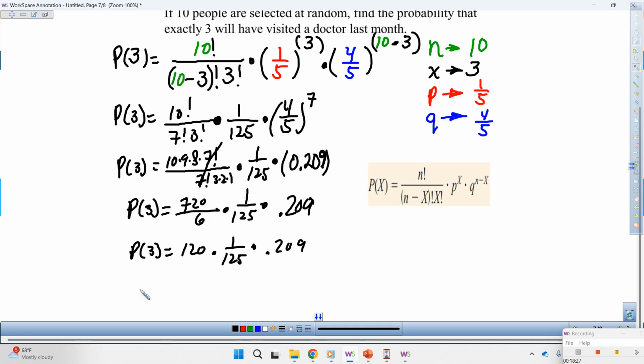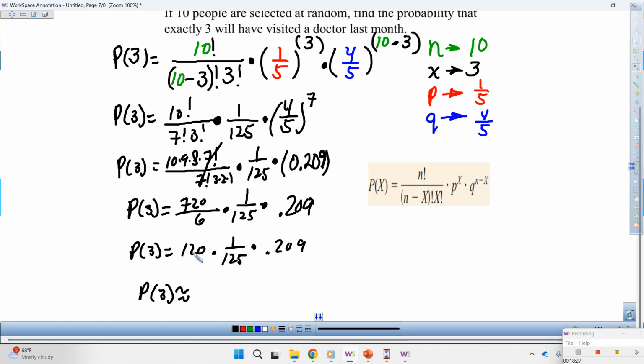So calculators calculate. P of 3 is approximately what? All right, Austin Ash, pass someone.